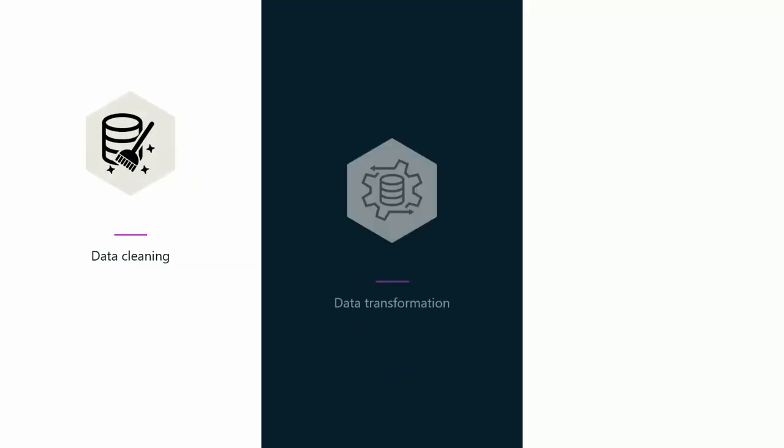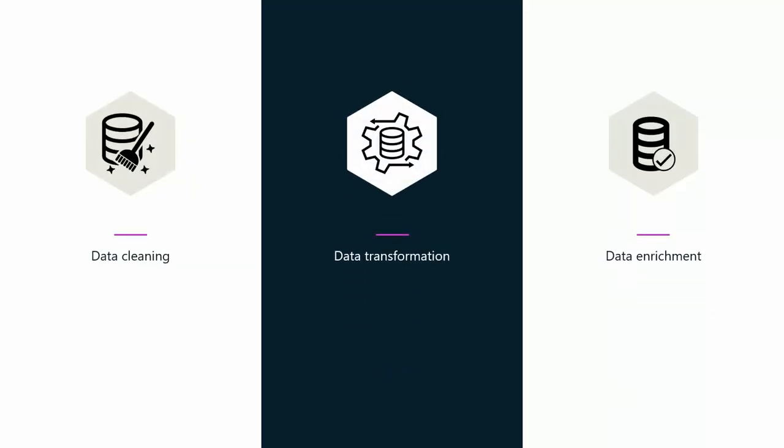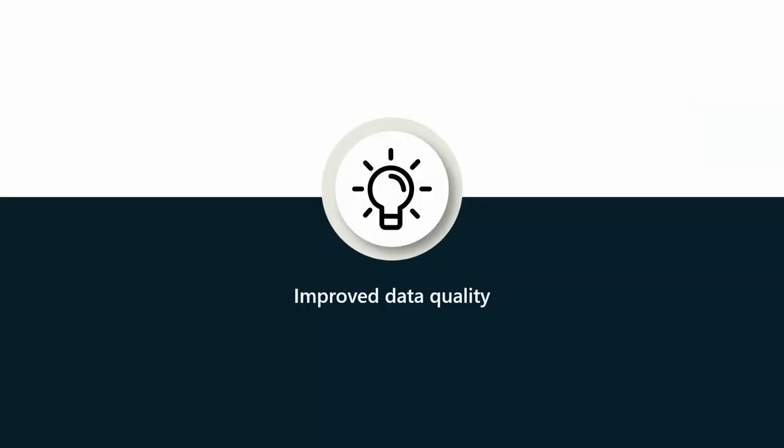Before starting analysis on any data set, it is important to examine the data. By examining various aspects such as completeness, accuracy, uniqueness, and consistency, data profiling enables the identification of potential issues and anomalies within the data set. This proactive approach allows you to make informed decisions about data cleaning, transformation, and enrichment, ultimately leading to improved data quality.